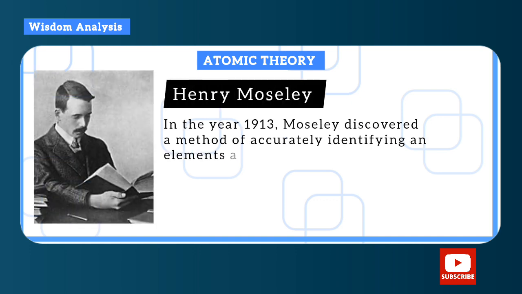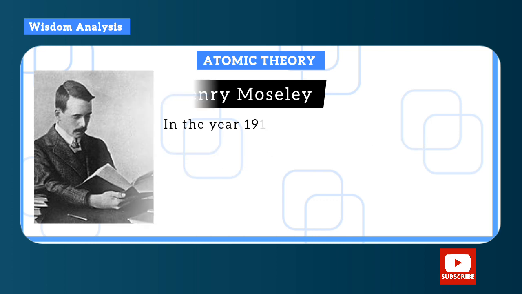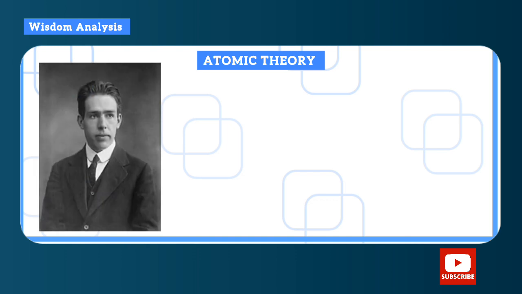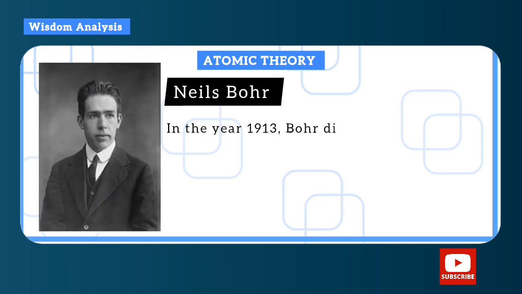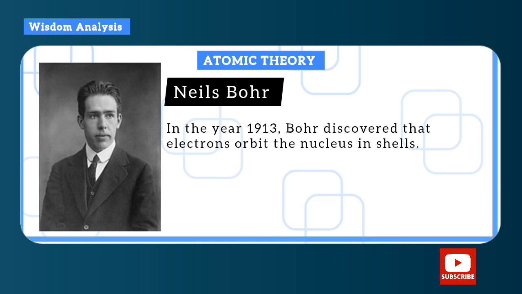In the year 1913, Moseley discovered a method of accurately identifying the element's atomic number by radioactivity. Niels Bohr. In the year 1913, Bohr discovered the electrons orbit the nucleus in shells.